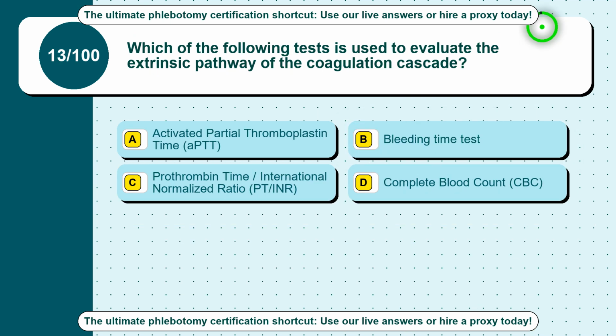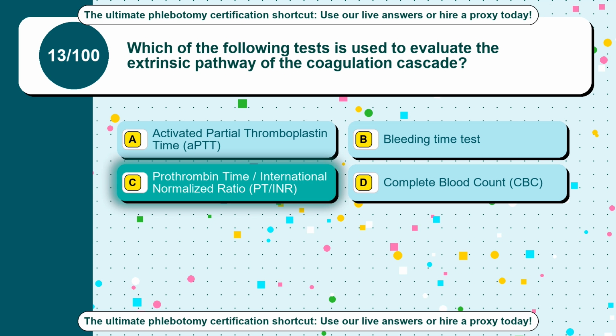Question 13. Which of the following tests is used to evaluate the extrinsic pathway of the coagulation cascade? Option A. Activated partial thromboplastin time, APTT. Option B. Bleeding time test. Option C. Prothrombin time / international normalized ratio, PT/INR. Option D. Complete blood count, CBC.